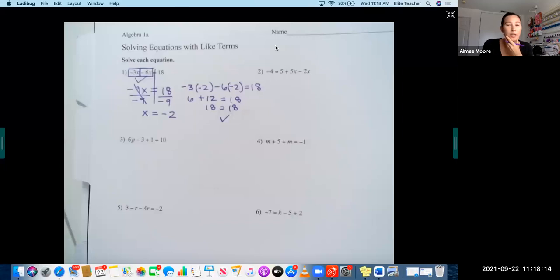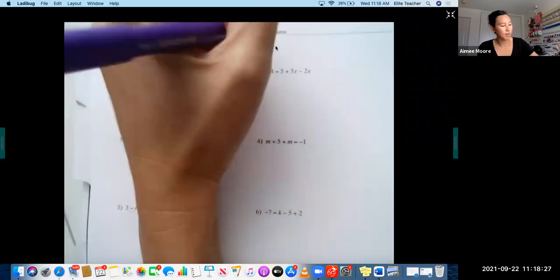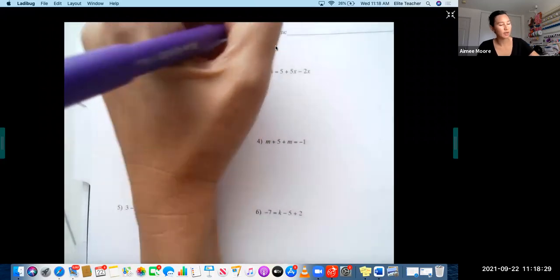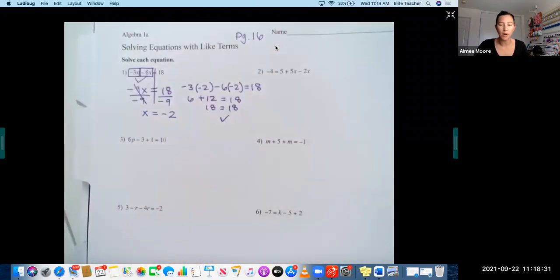Okay, go ahead and try number 2. And then send me what you get for x when you're done. And this is on page 16 in your workbook. If you don't have the workbook, just go ahead and write this down. Just write the work down on a regular paper until you get your workbook.